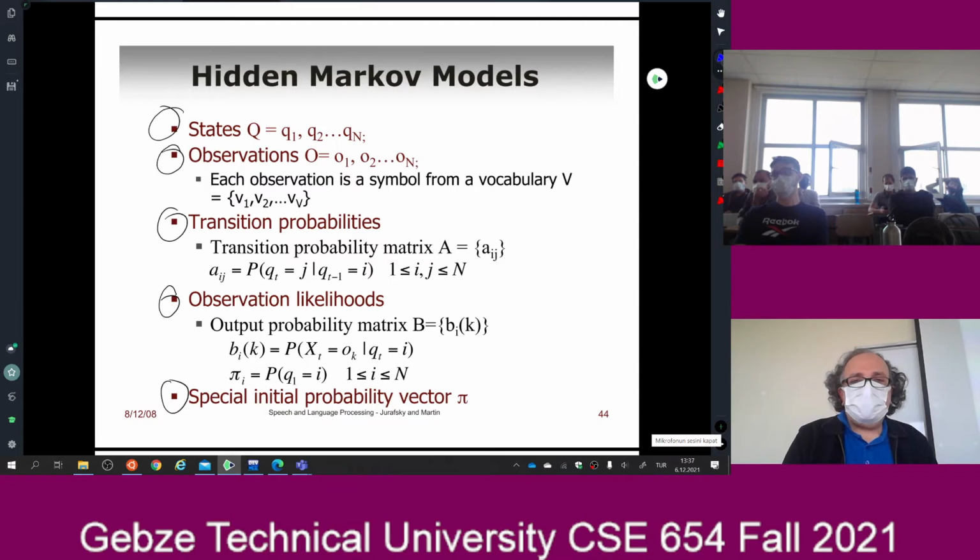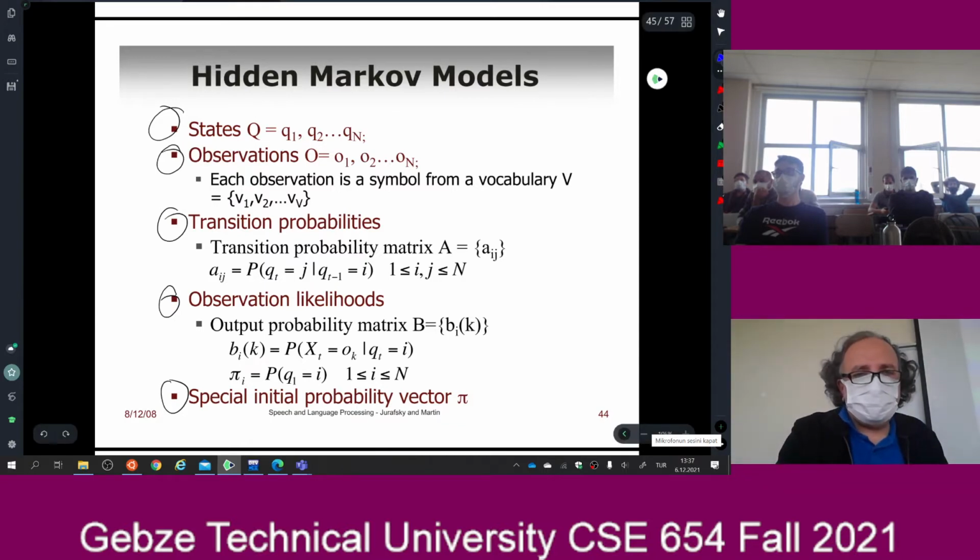I only have observations for each state. Depending on the number of words you have in your sentence, let's say I have n words, we will have n different states, one for each word, and our observations will be our words, but we don't know what the states are. So our task will be to guess what the states are depending on the observations.